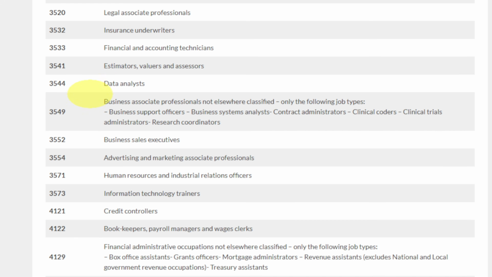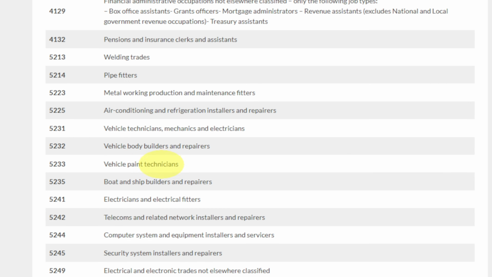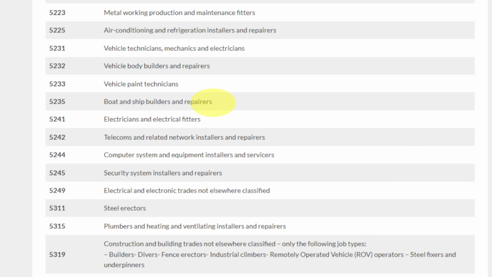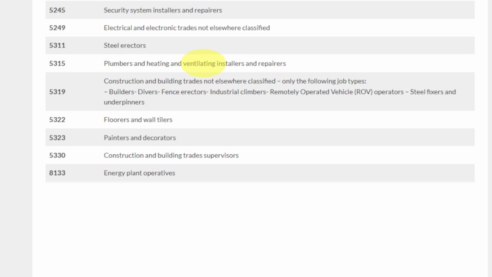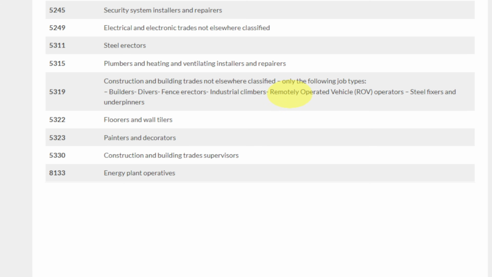You also have data analysts, estimators, business sales executives, advertising and marketing associates, vehicle paint technicians, boat and ship builders and repairers, electricians and electrical fitters, plumbers and heating and ventilation installers, construction and building trades not elsewhere classified. So for example, builders, divers, fence erectors, industrial climbers, remotely operated vehicle (ROV) operators, steel fixers, floorers, wall tilers, paint decorators, construction and building trade supervisors, energy plant operatives.